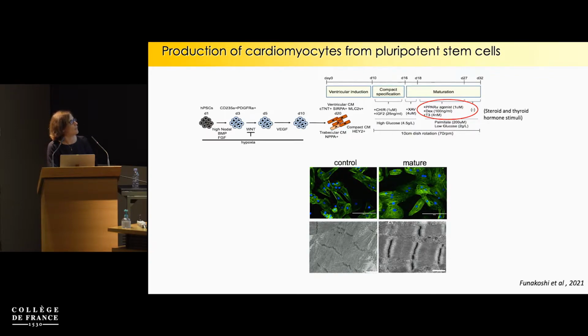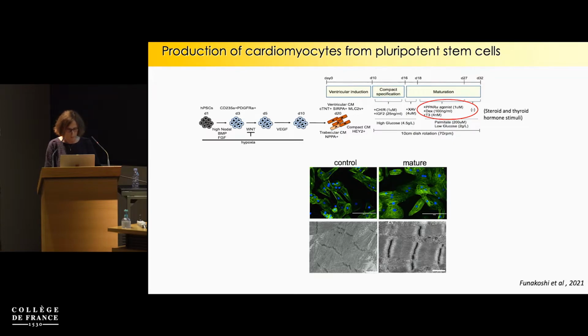So he has added components to work on PPAR signaling, as well as triggering hormone stimuli from steroid or thyroid hormone. And when he does that, you can appreciate the higher maturation of cardiomyocytes and higher organization of the sarcomeres within these cells. So these are 2D cultures.